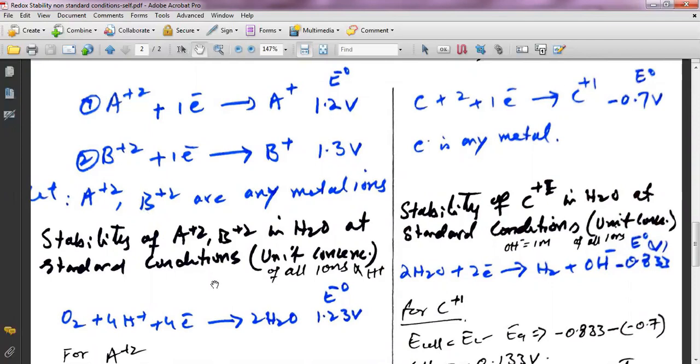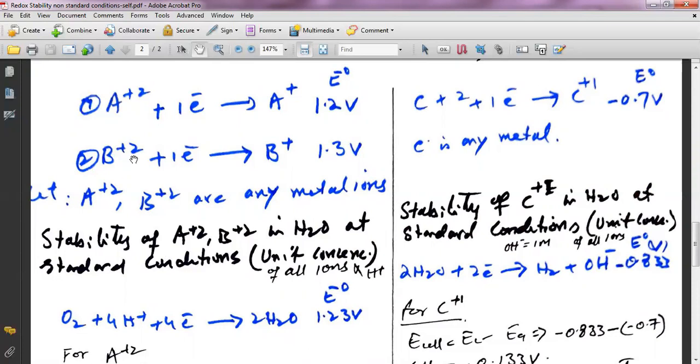As we have already discussed, if you want to check the stability of A plus 2 or B plus 2, or in general, these oxidized forms, you should take the half cell of the water, because these are the oxidized forms, and this will be the water which is going to react with these metal ions.